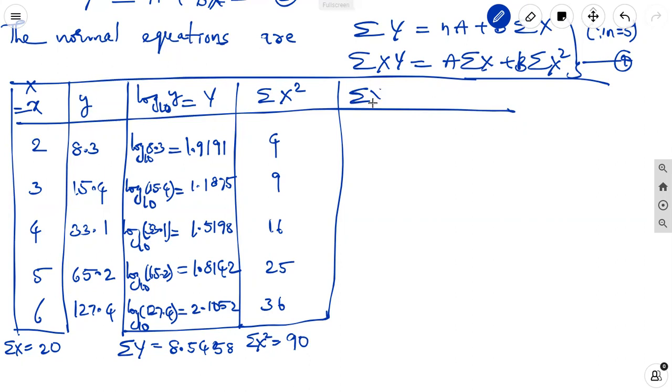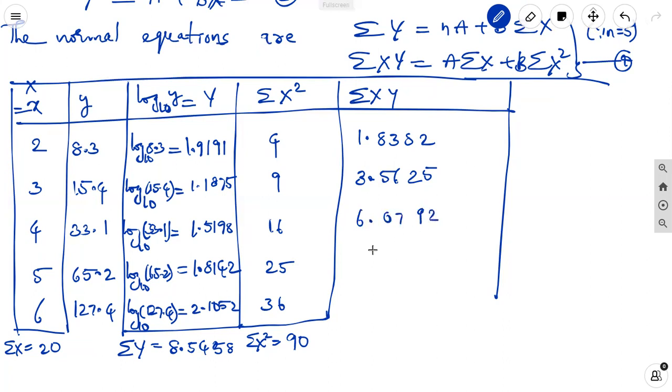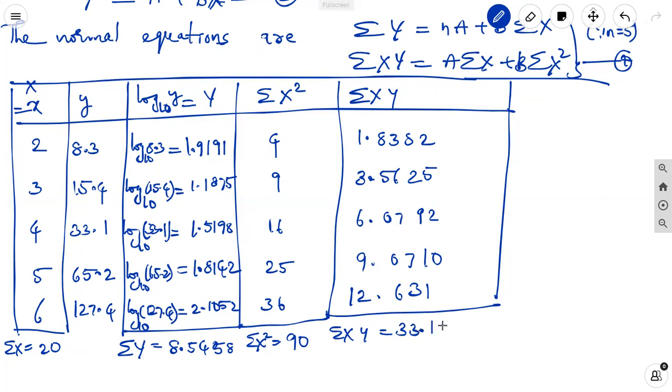And the sigma XY, the product of X: 2 into 1.9191 is 3.8382, 3 into 1.1875 is 3.5625, 4 into 1.5198 is 6.0792, 5 into 1.8142 is 9.0710, 6 into 2.1052 is 12.631. Summation of XY equal to 33.1819.